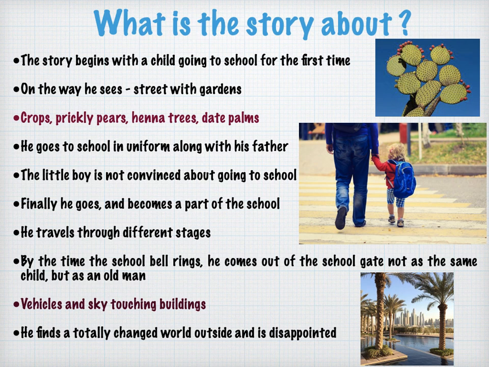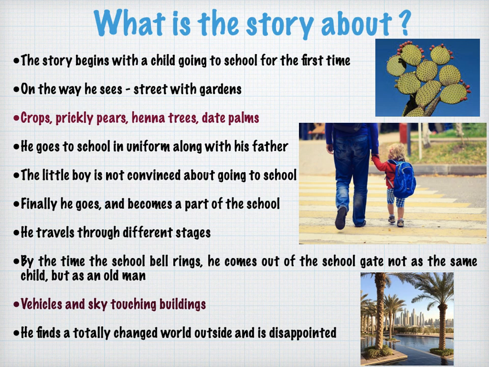When he gets back to the normal crossroads, which he had been very familiar with, he is not able to recognize any of these places. He could see vehicles and sky-touching buildings. He finds a totally changed world outside and is thoroughly disappointed and frustrated. With this frustration, the short story comes to an end.